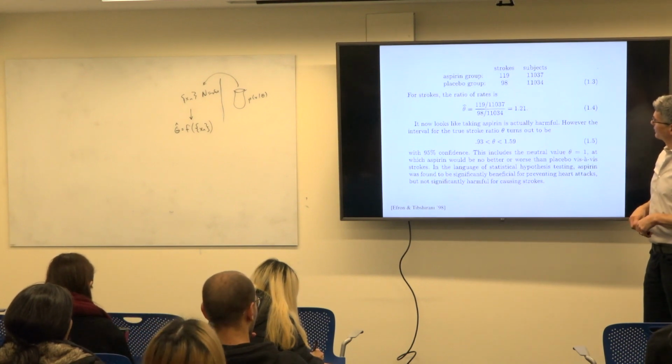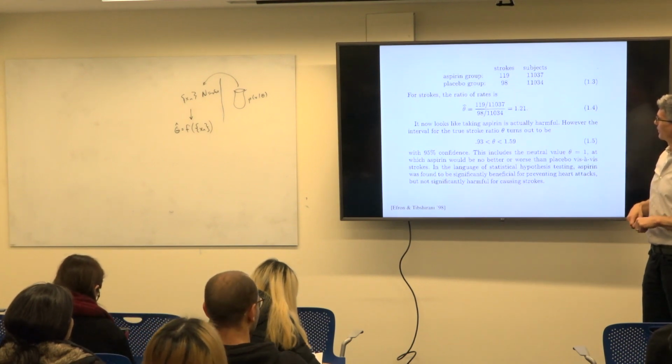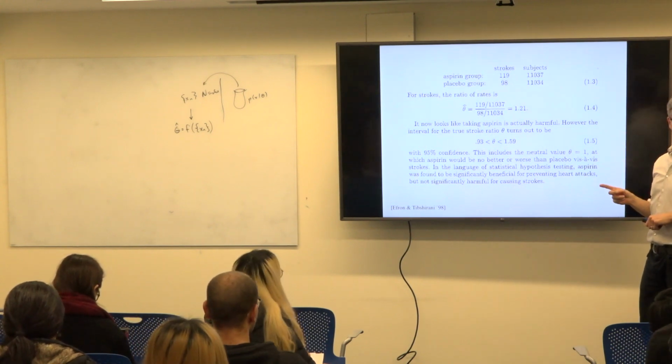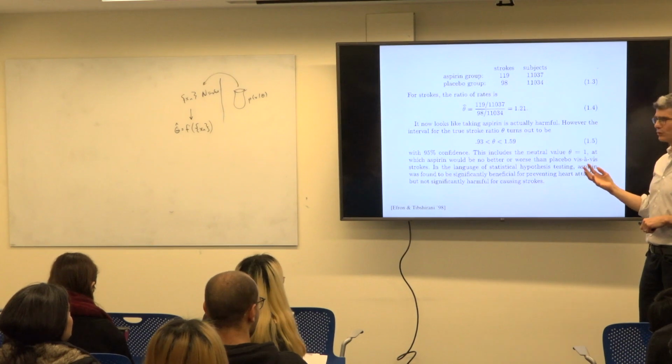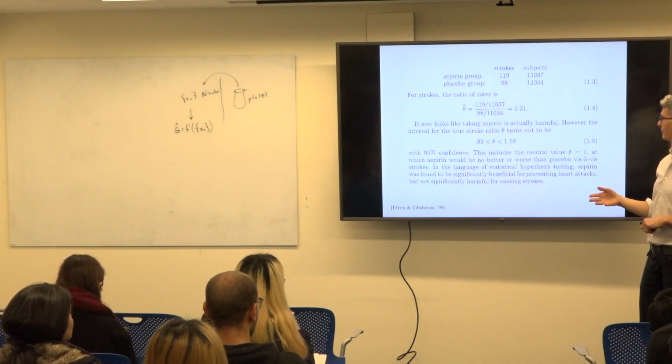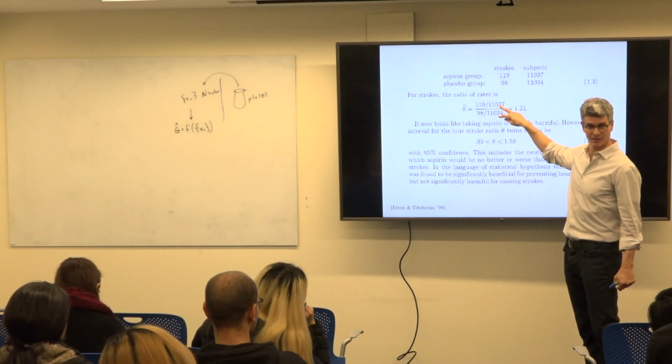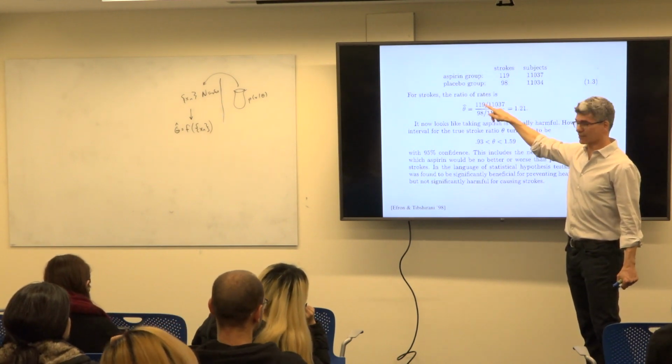So let's see, what is this? This is another one for strokes. I think the same study included an analysis of the number of people in these 2 collections that had strokes, not heart attacks. And these are the numbers.